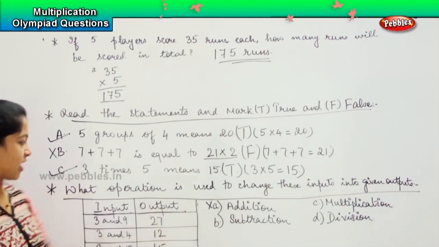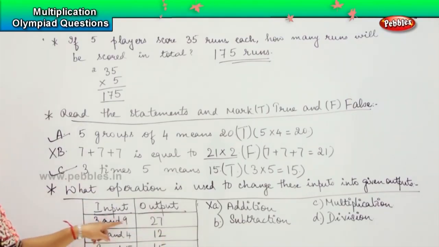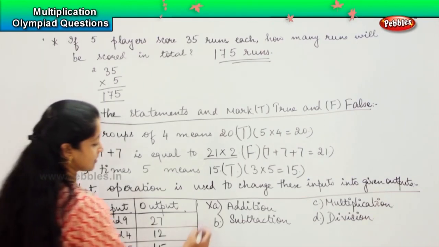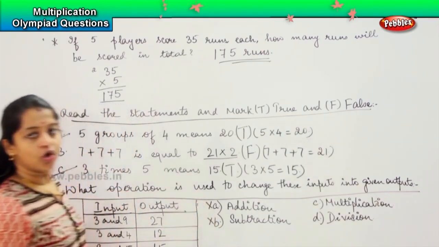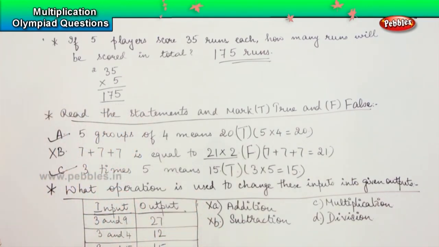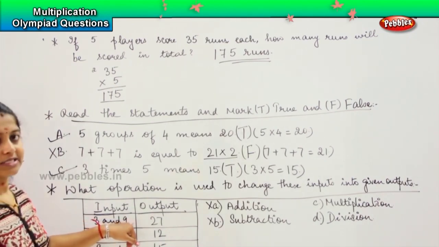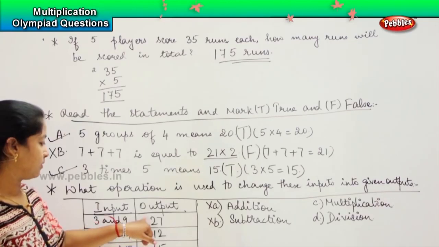So addition is not my right answer. Coming to the next one, subtraction. 3 and 9. Is it possible to reduce the bigger number with the smaller one? If I do 9 minus 3, it is 6. 4 minus 3, 1. 5 minus 3, 2, which is not matching my output. So subtraction is also the wrong method. Shall we do the multiplication? So 3 and 9, which means 3 into 9 is how much? 27.